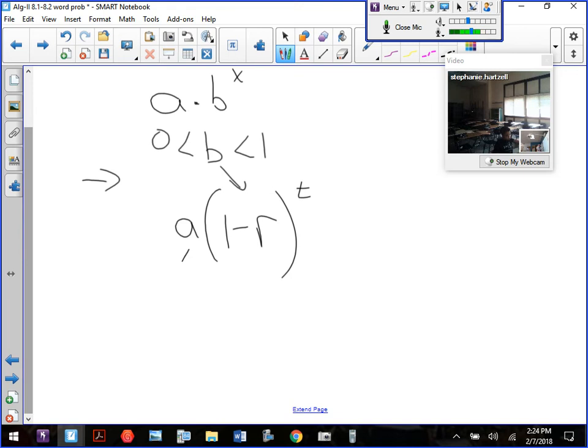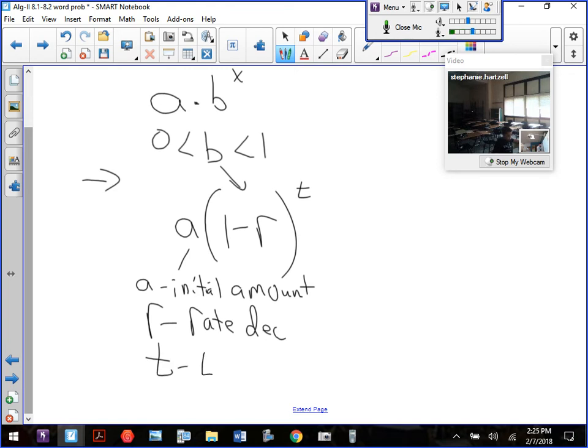So you're going to have your a, which is your initial amount. R is your rate as a decimal, and T again is time, generally in years.